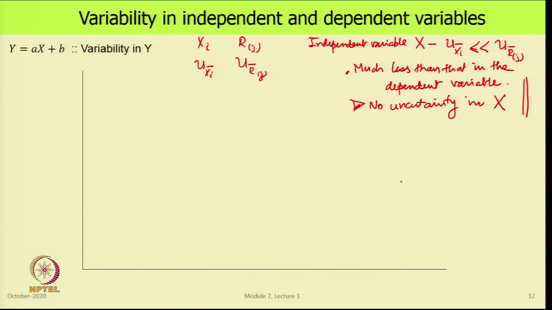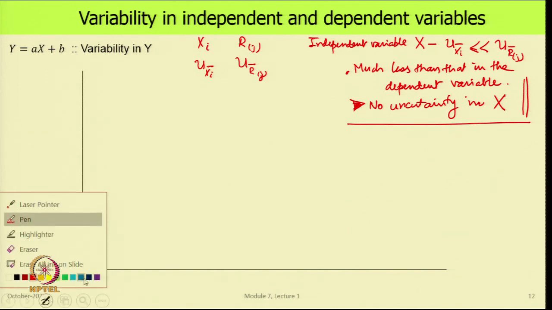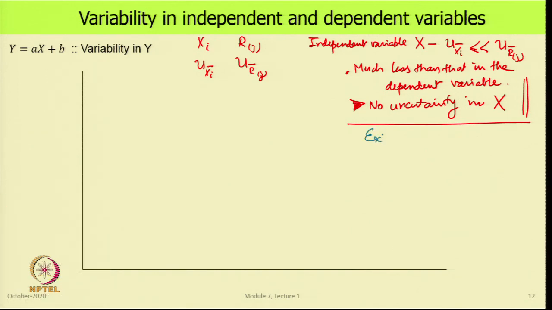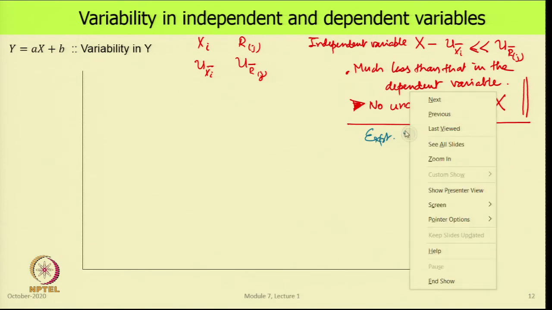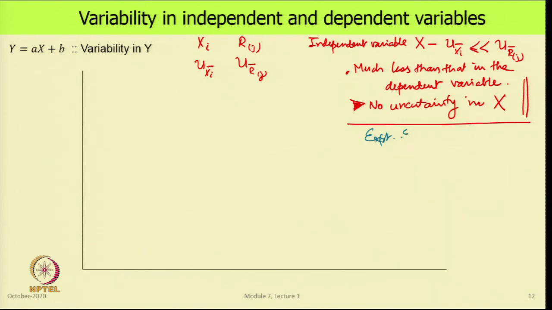So, that is how we would pick it, and in many cases when we looked at the experiment design, in the context of the experiment, when we looked at independent and dependent variables, we picked the values of the independent variables in such a way that their uncertainty is minimized.